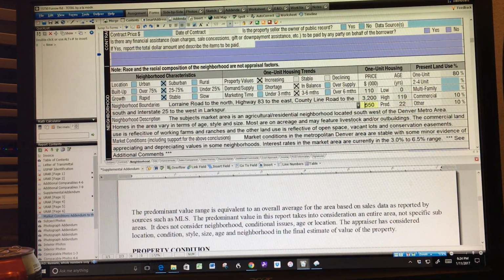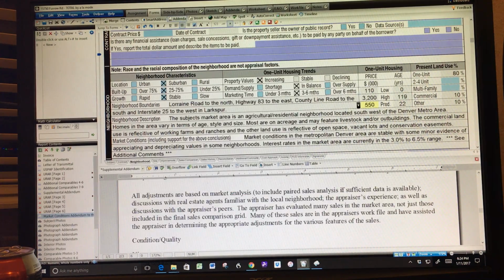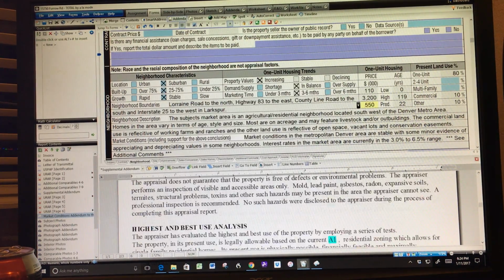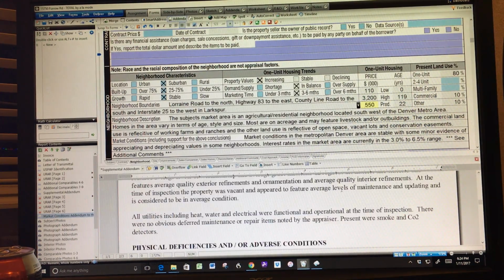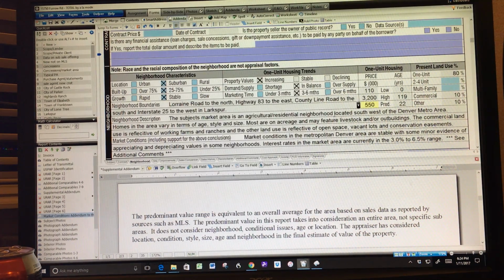The predominant price is $550,000. This paragraph, where'd it go? Shoot. Right here. The predominant value range. That's what this is. So 550 is considered to be our predominant value for this particular assignment.